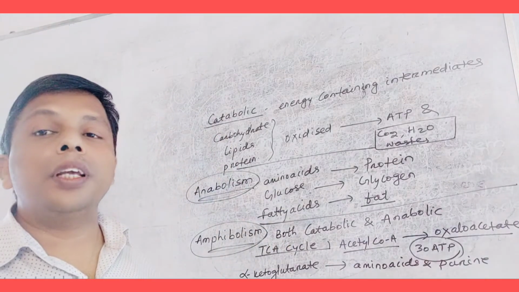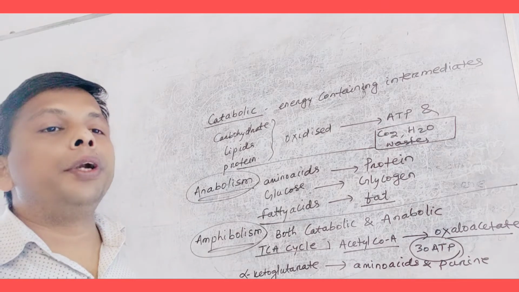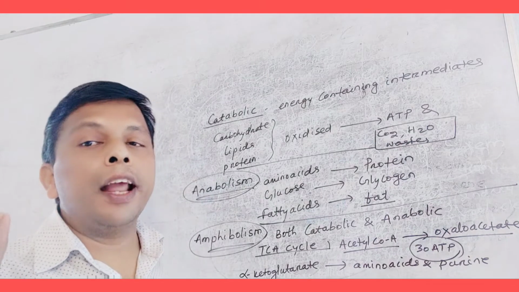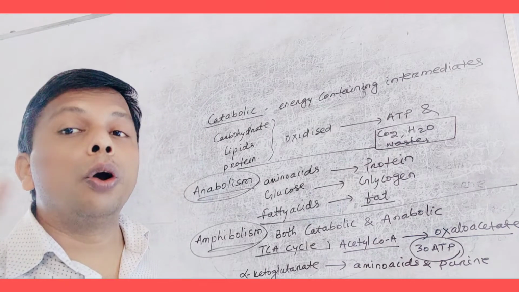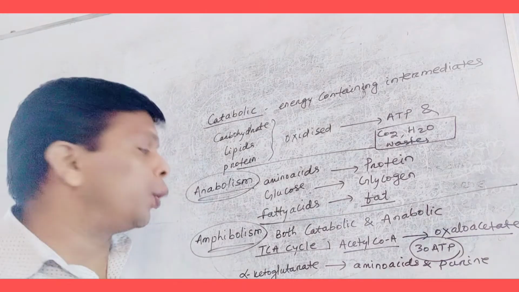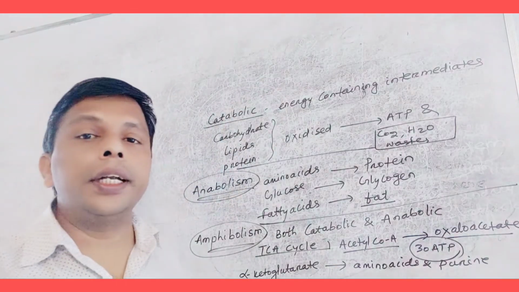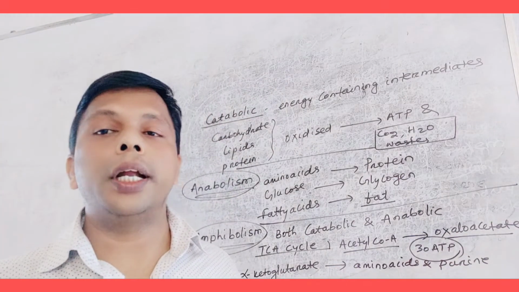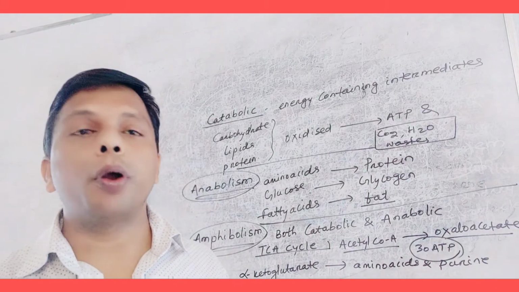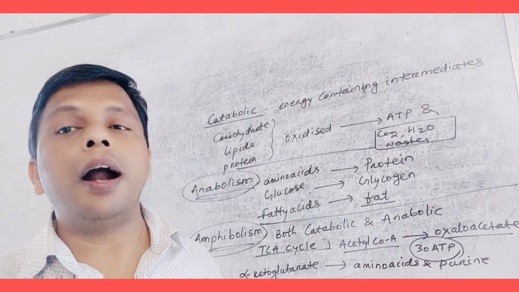So it is one of the anabolic processes. Then if we take the example of oxaloacetate, oxaloacetate helps in the synthesis of glucose. It enters into the process of gluconeogenesis, the glucogenic pathway. Okay. So the amphibolic process deals with both catabolism and anabolism.